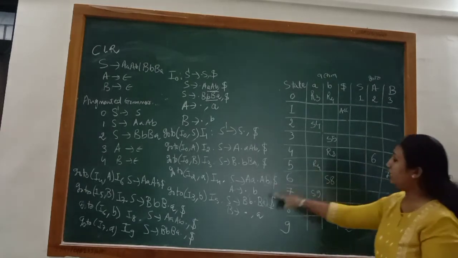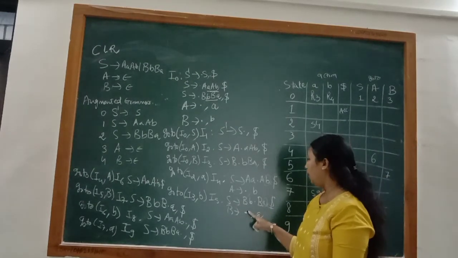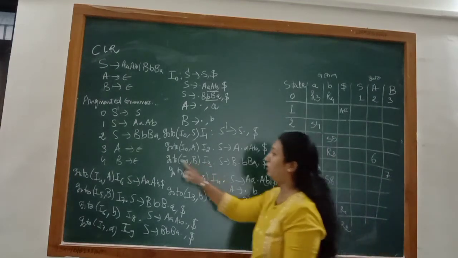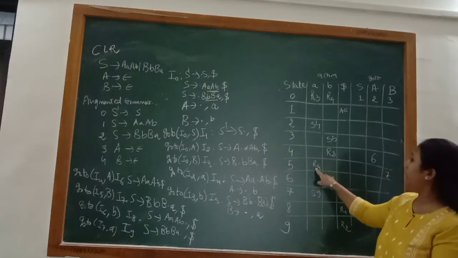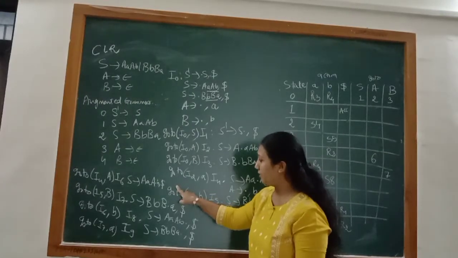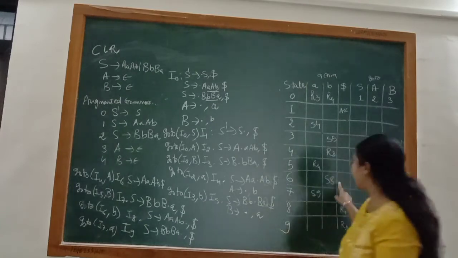In I5 the production B2 null is completed, so the reduce entry for production 4 is made in the look ahead A, that is R4. Likewise in state 6 the next possible symbol is small b, for that we move to 8, so we write S8.